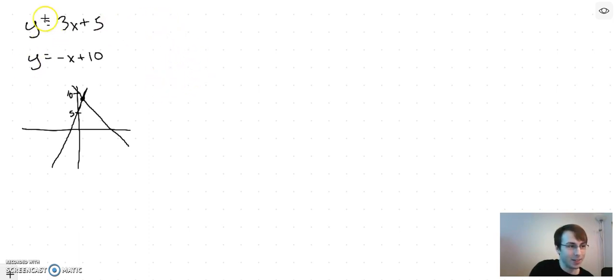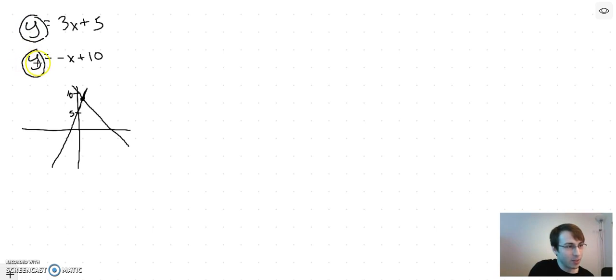So let's talk about how to solve them by substitution, how to solve them algebraically. So substitution is just substituting what one variable is in another variable. Sorry, that probably didn't make a lot of sense. But you see this y here in the first equation? Well, we've also got a y in the second equation.